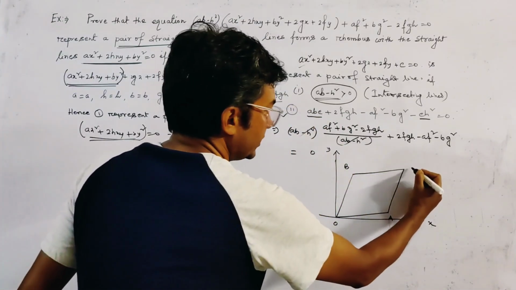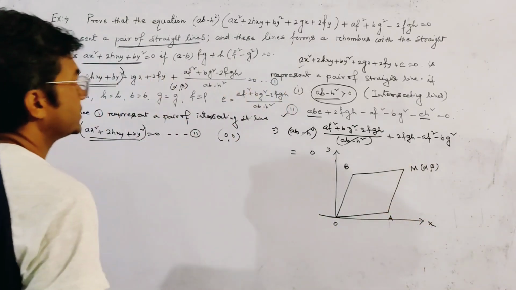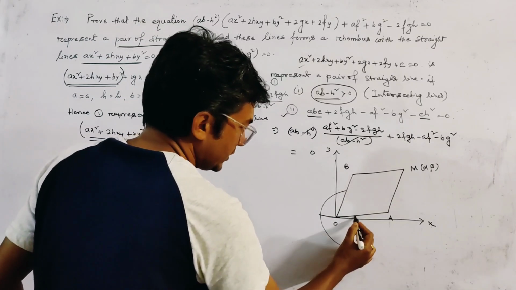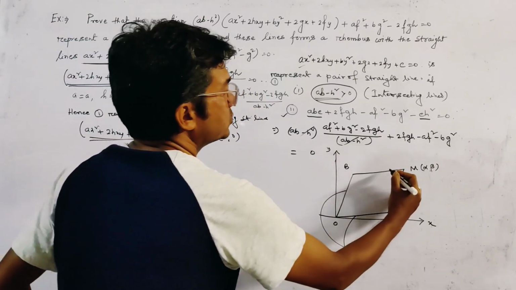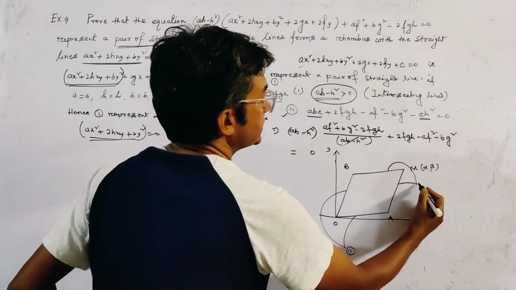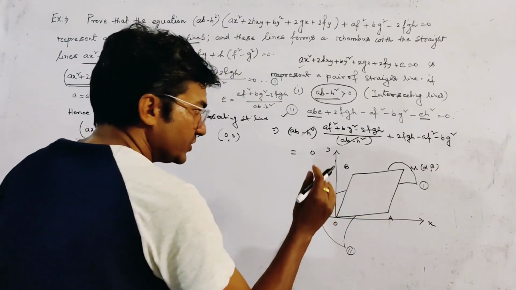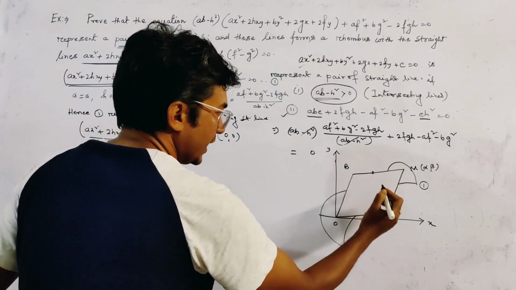Let it be M. This is alpha beta, the point of intersection of line 1. These two represent line 2 together, and these two represent line 1. Obviously this is a parallelogram because this is parallel to this and this is parallel to this.